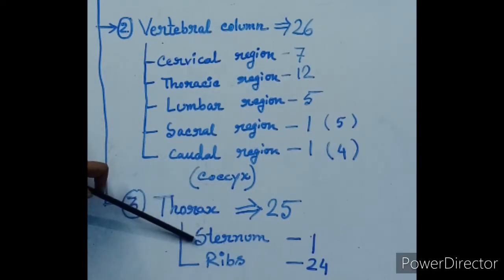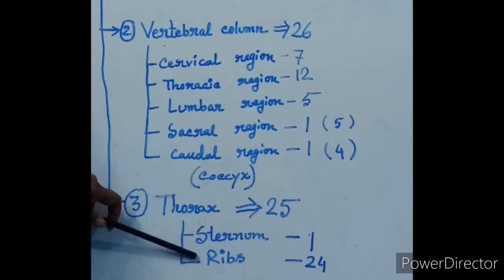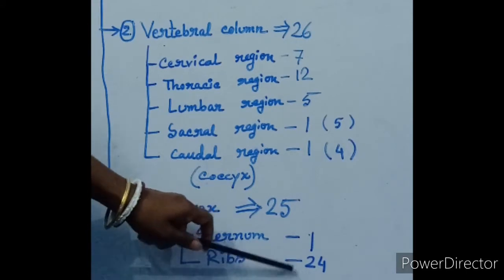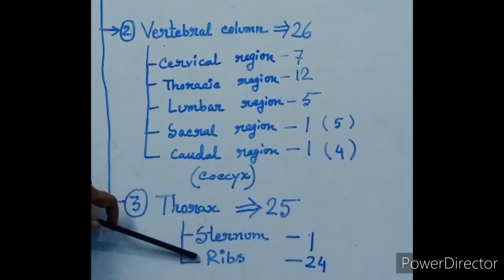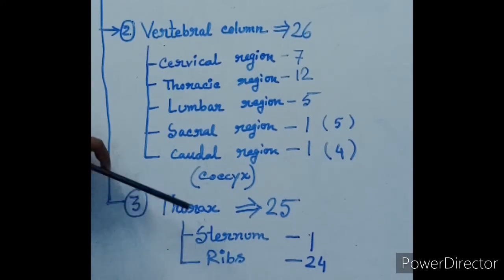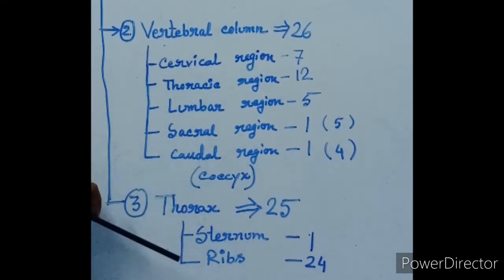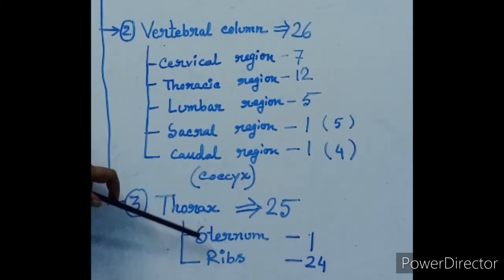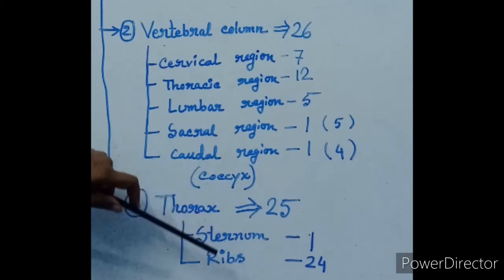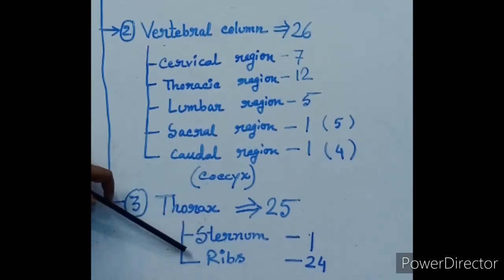Here 12 pairs of ribs, meaning 24 ribs, along with the thoracic vertebrae and the sternum, the breastbone, constitute the bony cage-like structure, the rib cage. So these two are under the thorax.